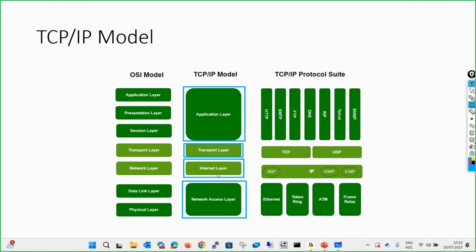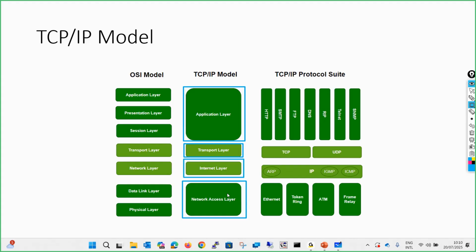It uses IP addresses uniquely assigned to the devices, and it determines the best path to travel across the network. Then comes the network access layer, which was the data link layer plus the physical layer in the OSI model. This is the lowest layer in the model and is responsible for the physical connection between the devices, which we have discussed already in the OSI model as well.